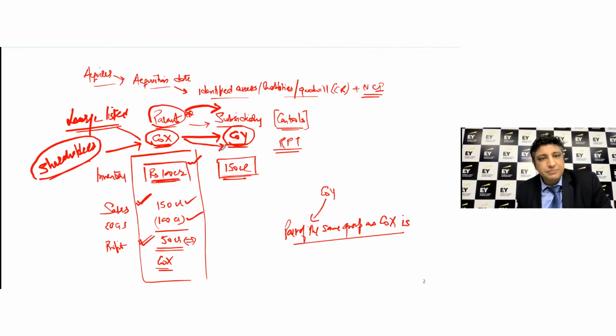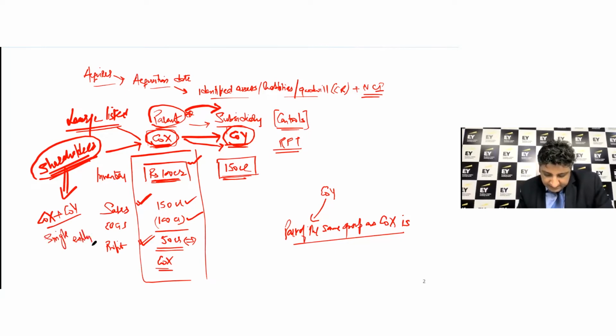Okay? Which means, by the way, that these companies X and Y, for these shareholders, they are indifferent. They would like to see both company X and company Y as a single entity, right?